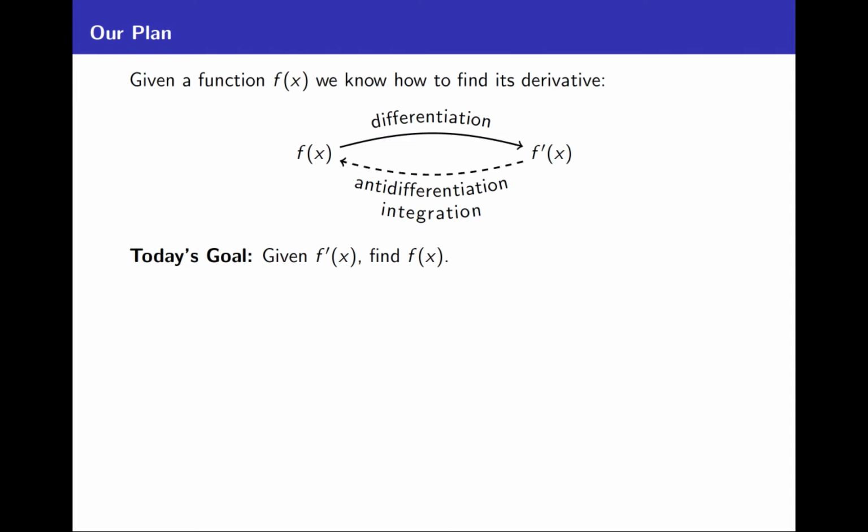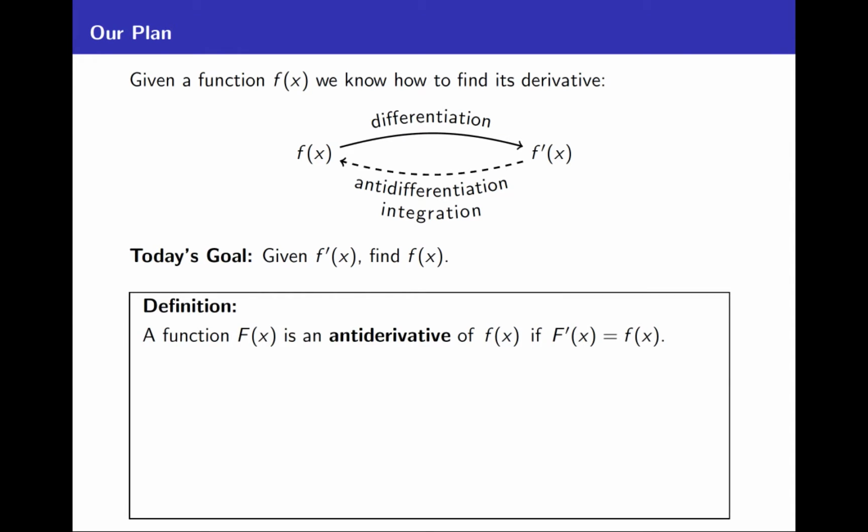I'll begin by giving a definition that gives a word to this goal. A function big F of x is an antiderivative of little f of x if big F prime of x equals little f of x. So here's the picture.